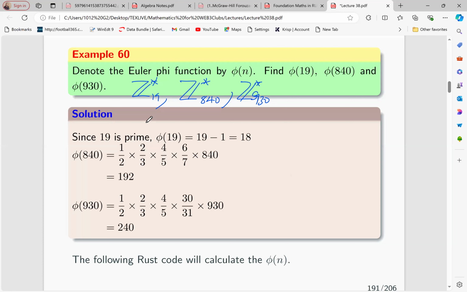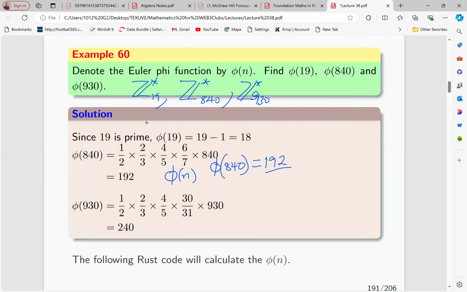Let me go back to what we mean by Euler phi of n, so that we think of how to write a program that gives us the number of elements relatively prime to n, so that if we ask it to find Euler phi of 840, it tells us the number of elements.